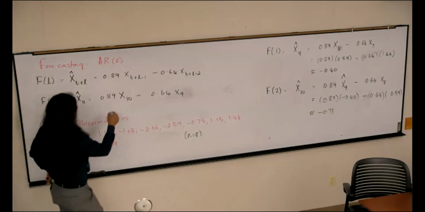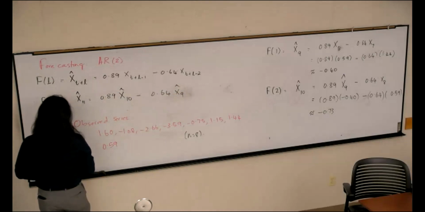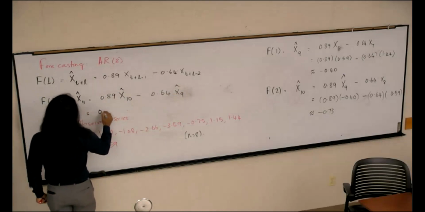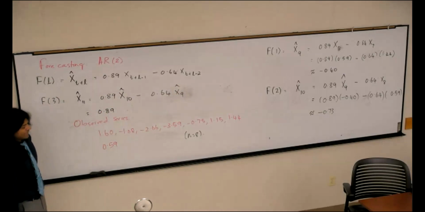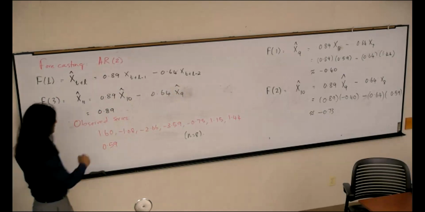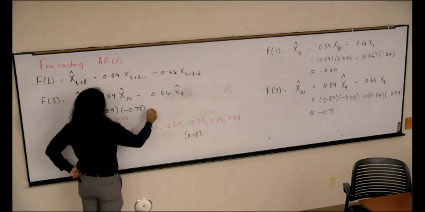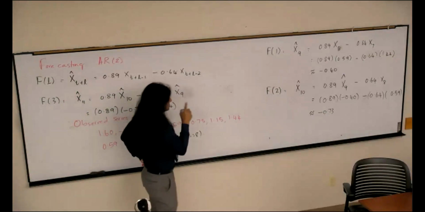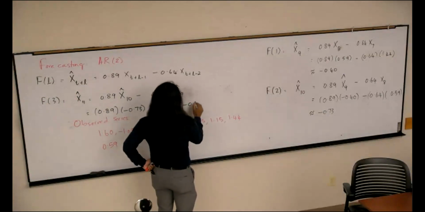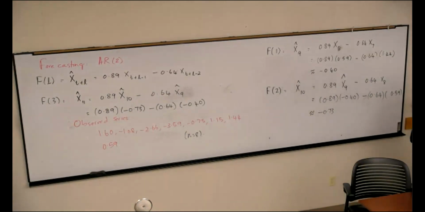No, you've got to put hat. 0.89, x hat 10 is negative 0.73. x hat 9 is negative 0.40. And what is that answer?